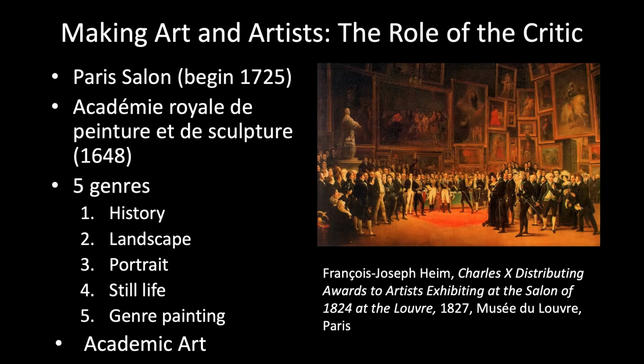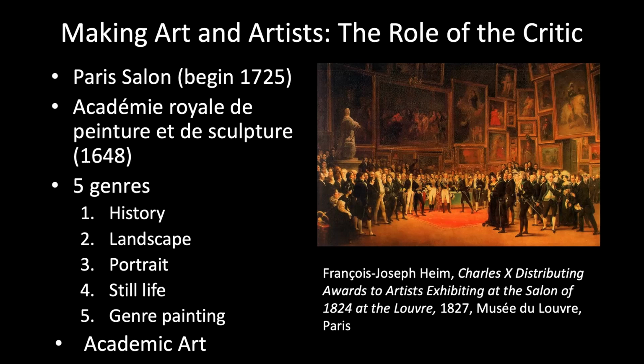That's what they believed. And then the top genre, and the artists there in the academy wanted to work towards this. The big old paintings that you see, the biggest ones, are an example of history painting. So history painting can be a couple of things. It can be religious art, or it can be art from ancient Rome and Greece, which they especially liked in 18th century France.